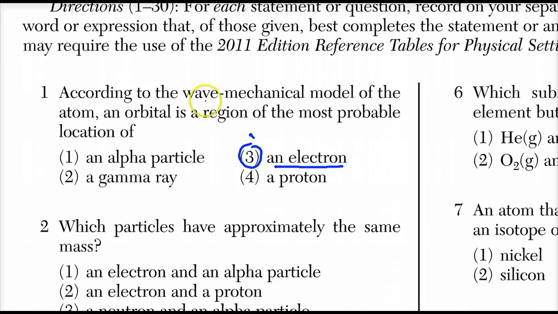Now, the wave mechanical model of the atom is the current model. Sometimes you hear wave mechanics. It deals with, number 1, electrons acting as waves. It deals with probability. Now you say, why am I even dealing with the rest of this?